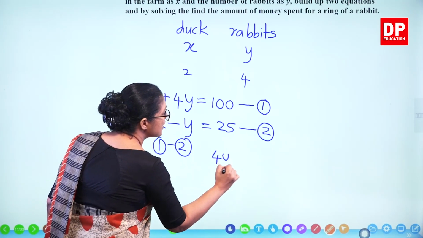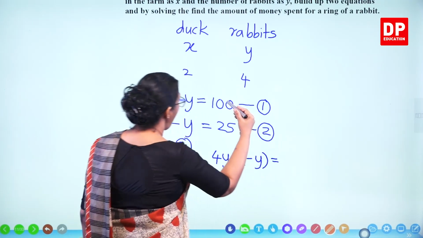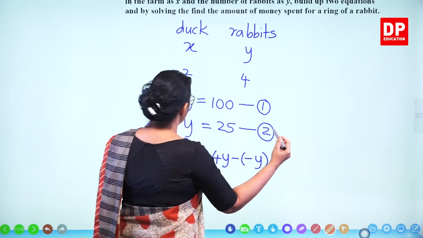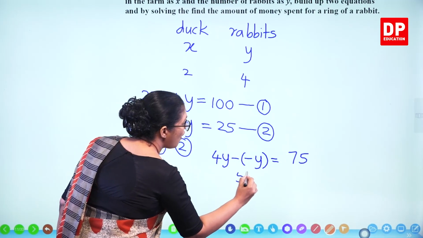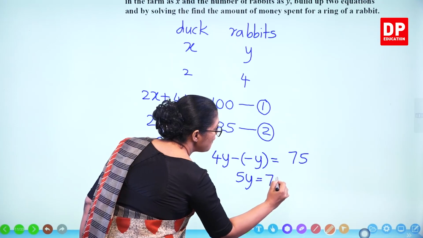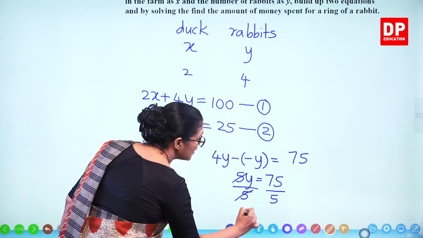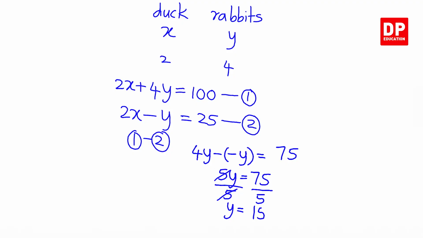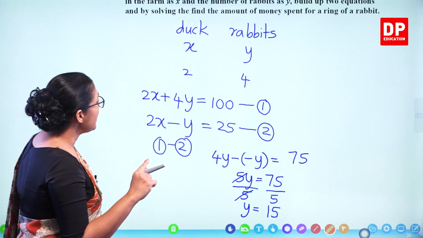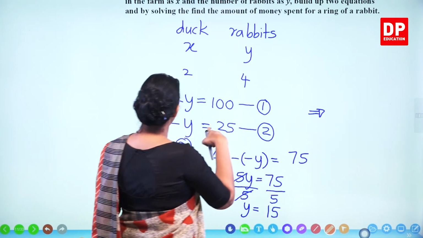So you get plus y. 100 minus 25, that's 75. So 5y equals 75, divide by 5. You get 15. So y equals 15.